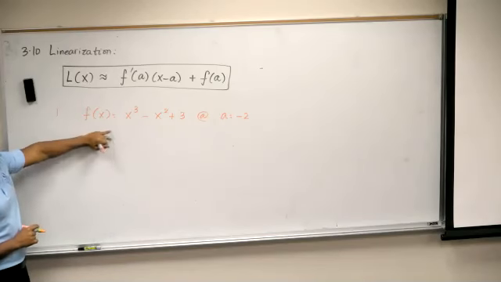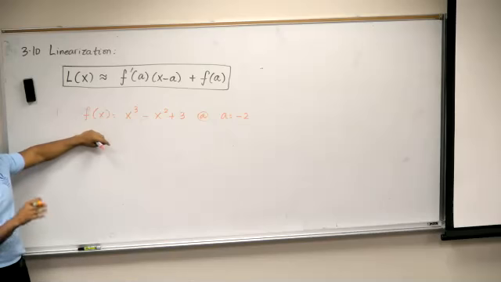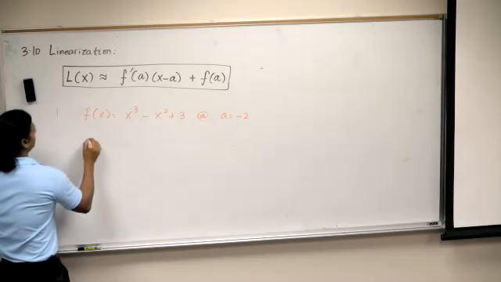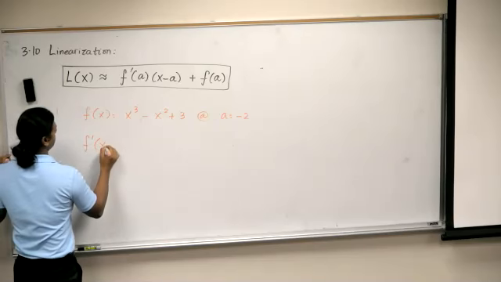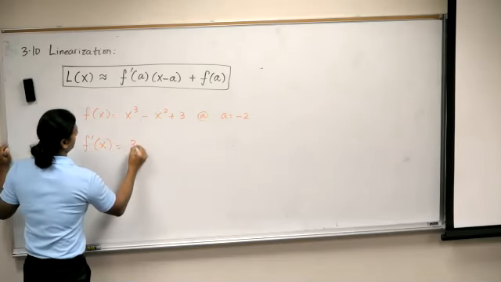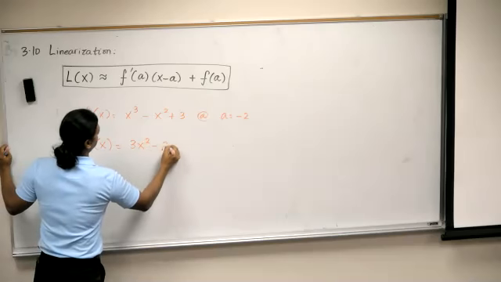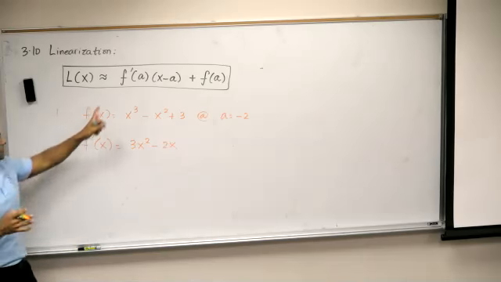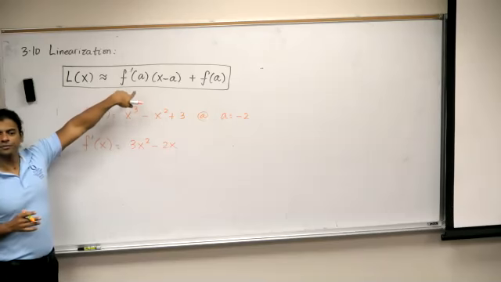That is our function. It is a cubic polynomial. So the very first step is to find the derivative. What is f prime of x? 3x squared minus 2x.